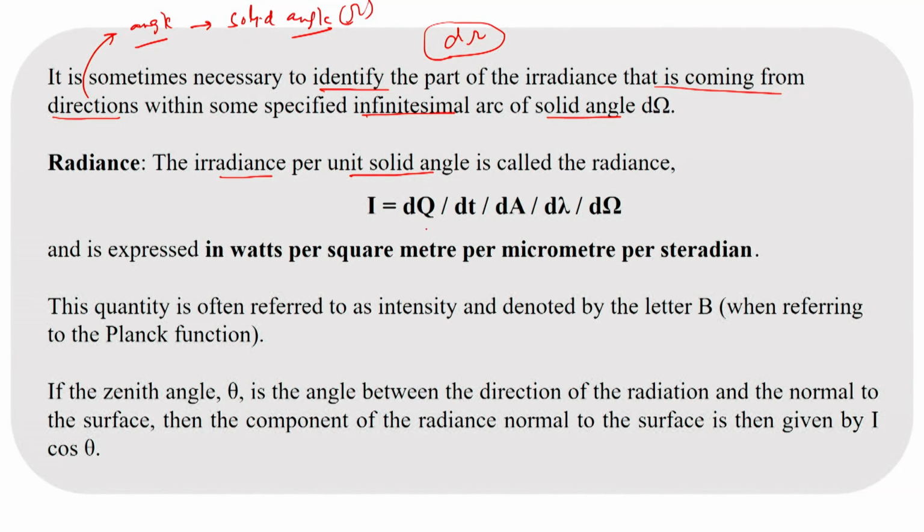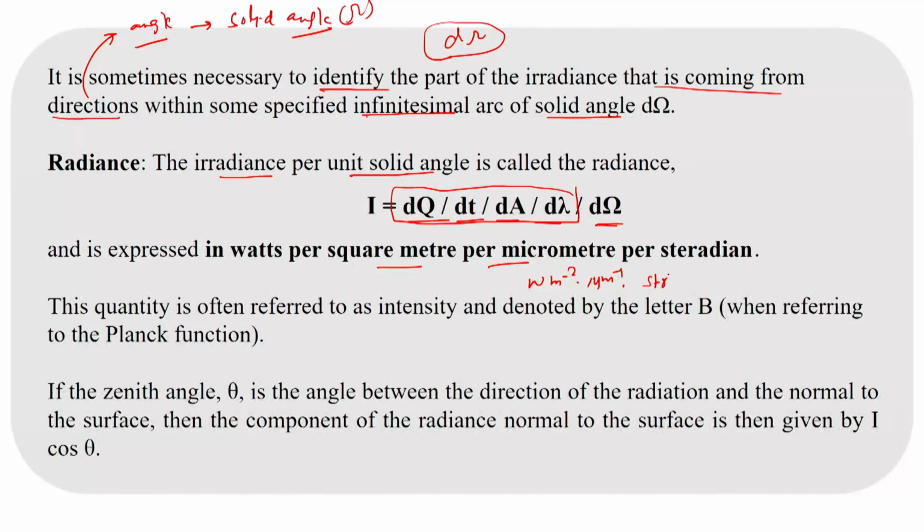Okay, so now radiance was dQ by dt by dA d lambda, this was there, and you have to introduce another term, d omega. So the unit will be watts per meter square per micrometer per steradian.